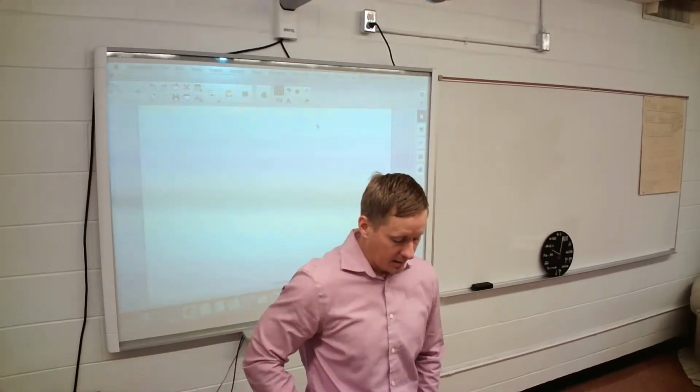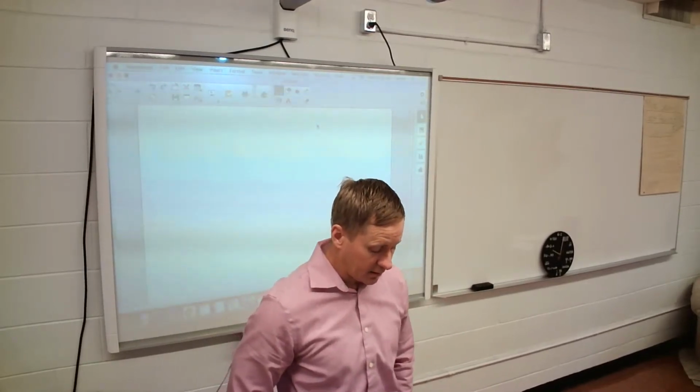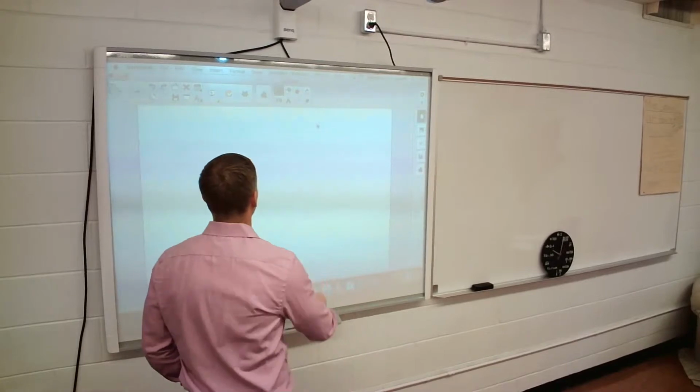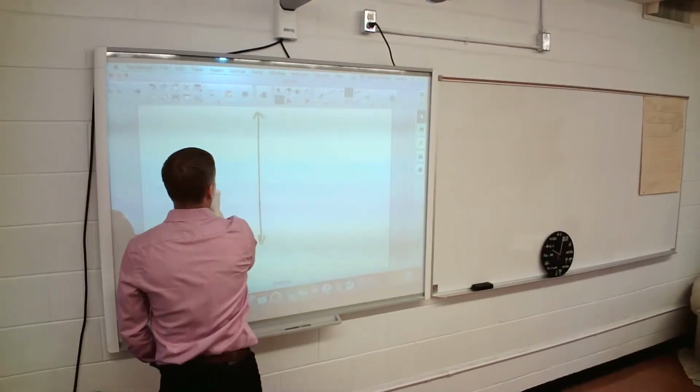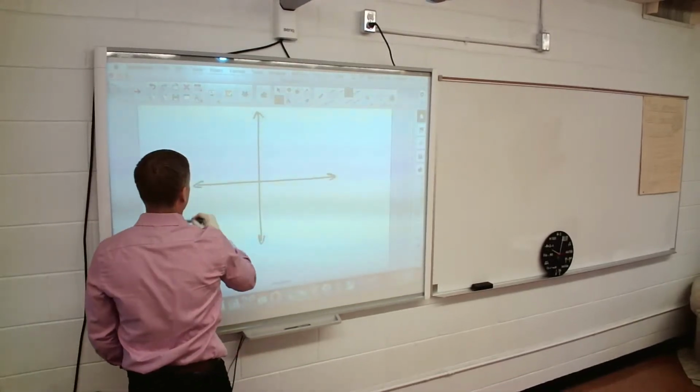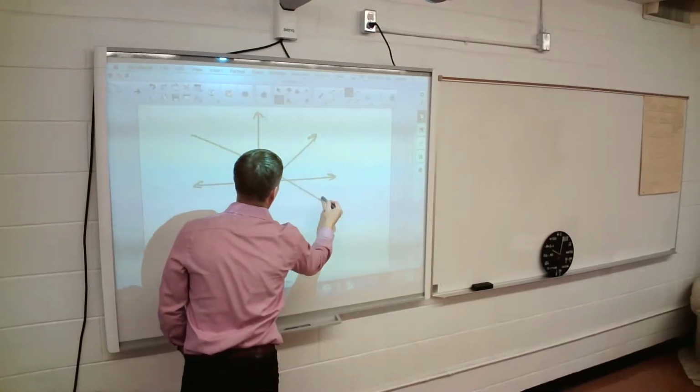All right, so I guess the easiest one to start with, I'm going to start with the linear one. A linear graph is obviously a line. It can go up that way, can go down this way.